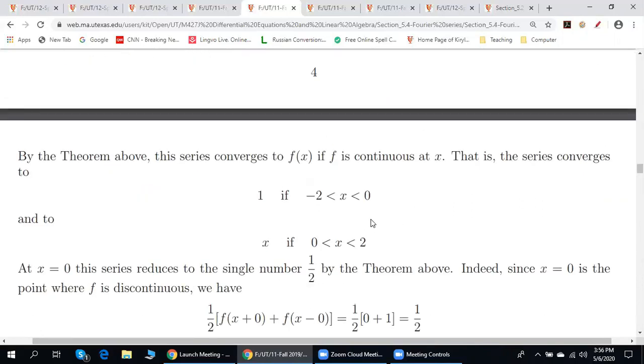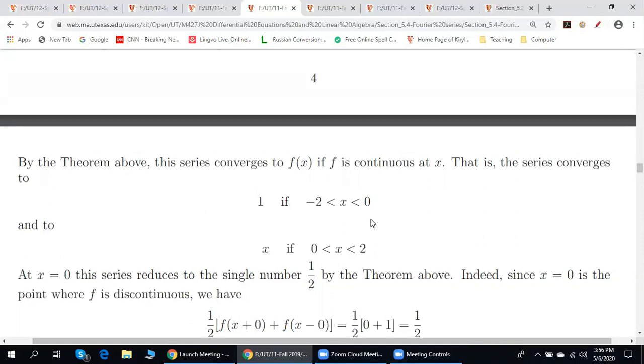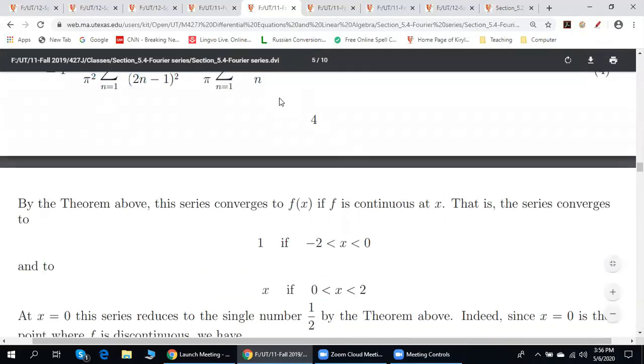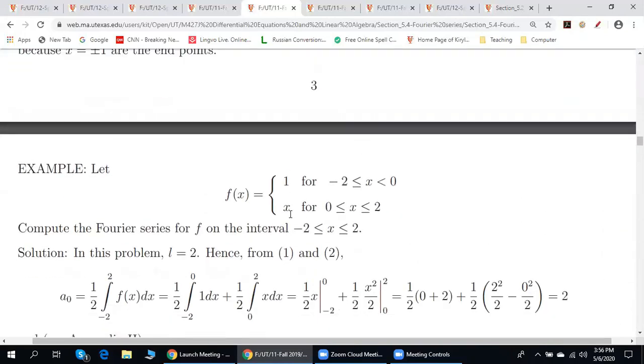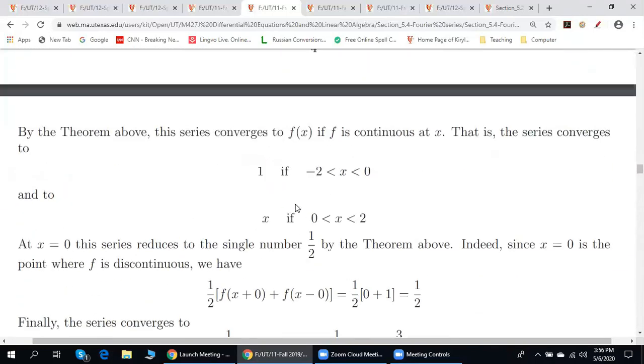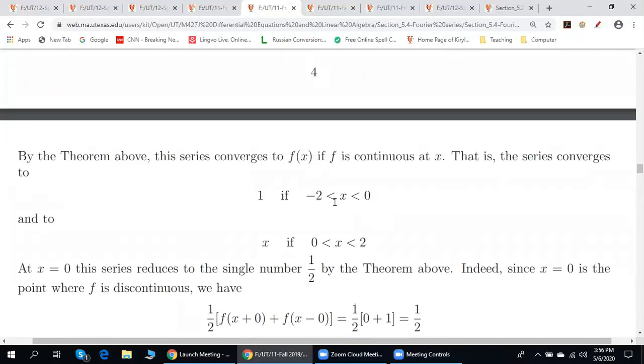Lastly, according to our theorem, our series converges to f of x. And remember what is f of x? 1 and x. Therefore, at any point x which is not one of the endpoints and which is not the point of discontinuity, our series converges to 1 here and to x here.